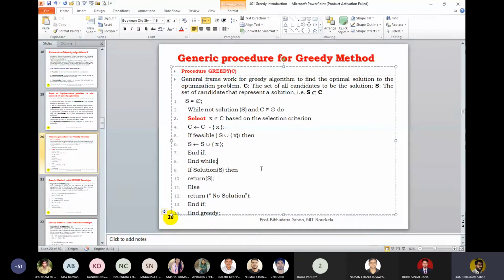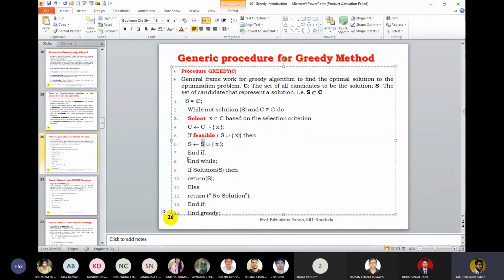Coming to the picture, feasible is the function which checks that the selection you are supposed to make, the X, before being added to the solution set, has its feasibility checked. Once it is found to be feasible, that particular selection will be added to the solution set: the previous solution plus X. This process will continue, because this is the while loop, which starts from step number 2 and continues up to step number 8.